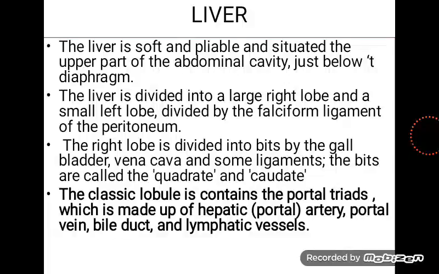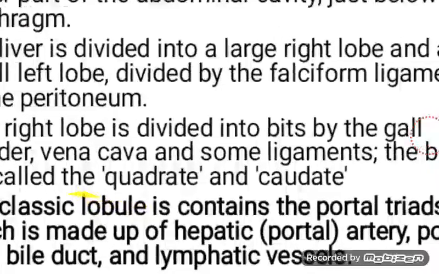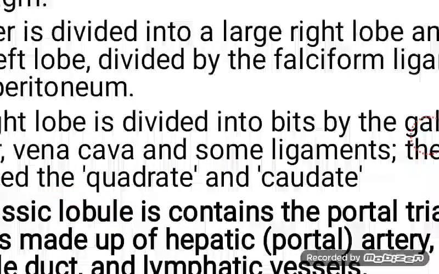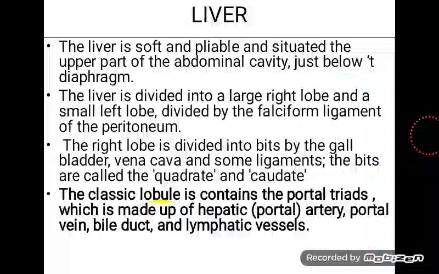And the right lobe is further divided into two lobes, the quadrate and the caudate lobes. Please take note of that. So in all we have four lobes of the liver: two major ones, the right and the left, then the right is further divided into two.